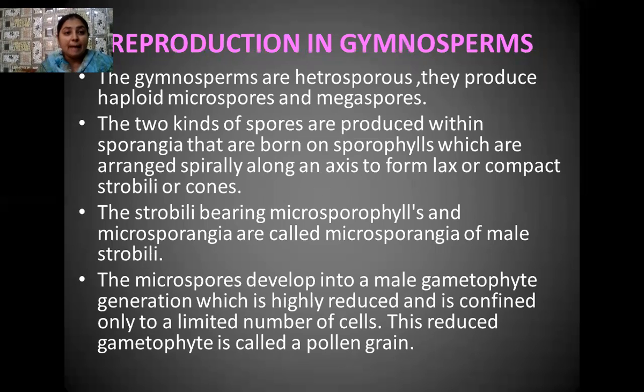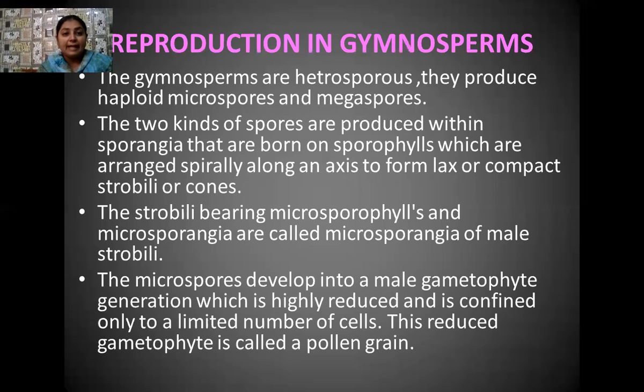So they may be haploid microspores or haploid megaspores. All of these spores are formed inside special type of structures which are known as sporangia. And as you have learned in case of pteridophytes, inside the sporangia, spore mother cells are present.